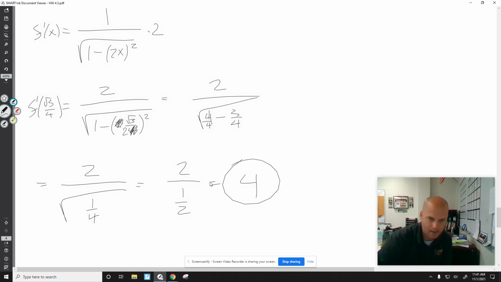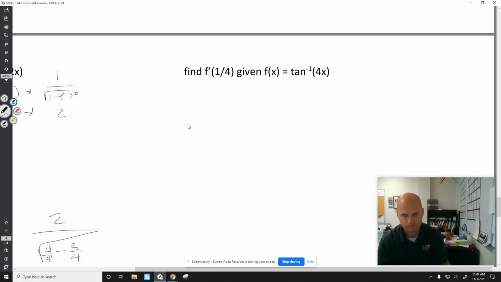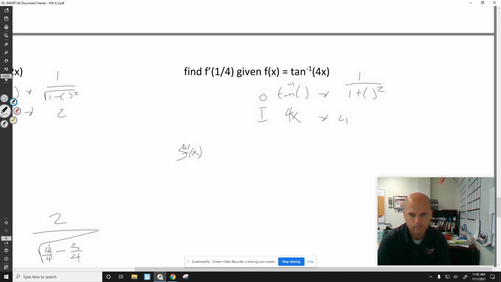I can show you how to get that answer a different way, but I don't want to confuse you. This is the way to do it, just knowing the derivative rules. Okay, so let's do the last three. It's the same thing. Let's find the derivative. Tan inverse, parentheses, multiplied by 4, 1 over 1 plus parentheses squared. So f prime is 1 over 1 plus parentheses squared times 4.